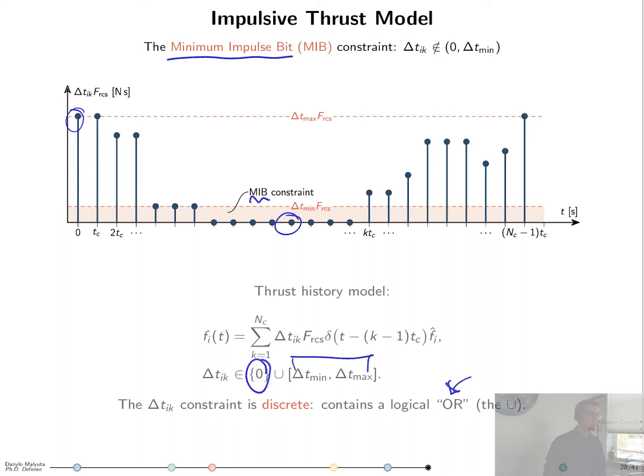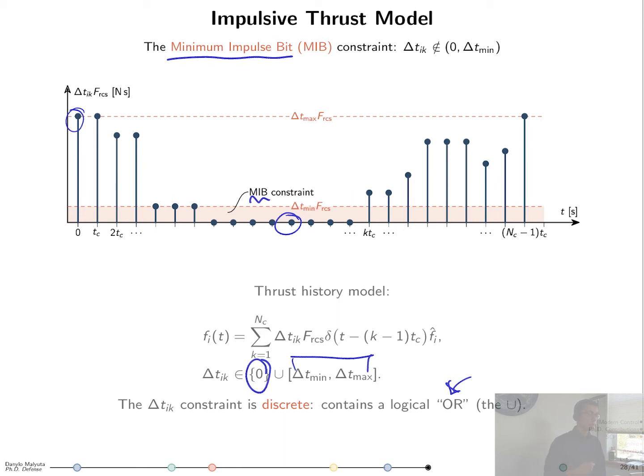What it says is that reaction control system jets can't fire for infinitesimally small duration of time. There are some fundamental physics or engineering things like downstream propellant flow, residual pressure, that mean that you can't fire a thruster for as small a duration as you'd like, there's a certain lower bound to that.